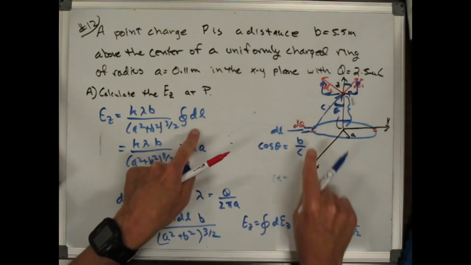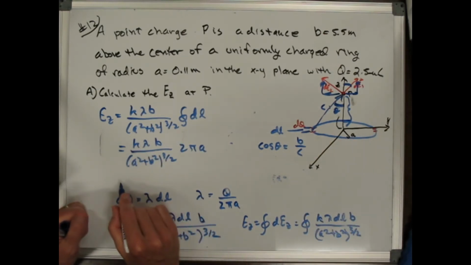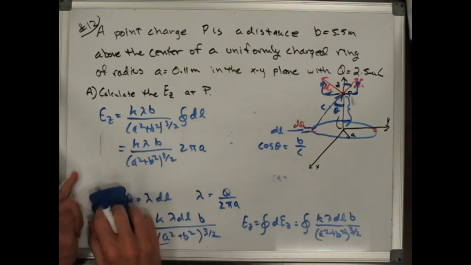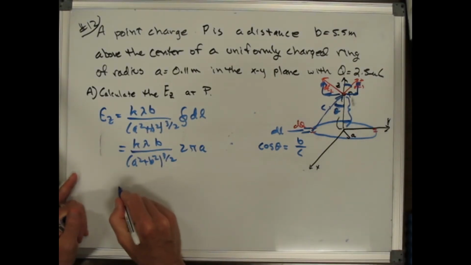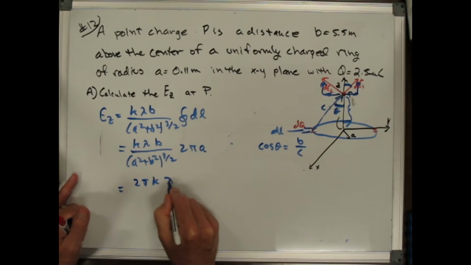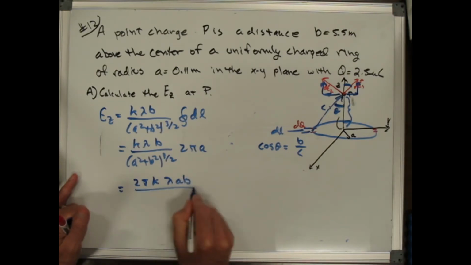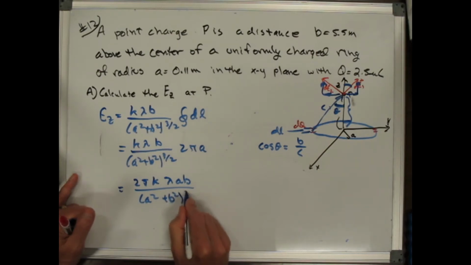That's what you get when you integrate dl around the circle. You just get the length around the circle. And so this becomes 2 pi k lambda a b over a squared plus b squared to the 3/2.